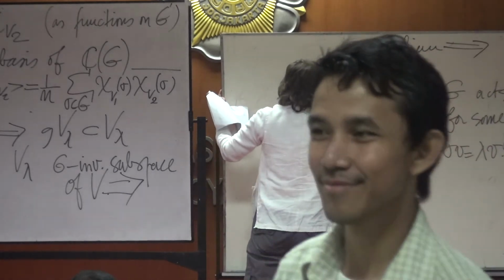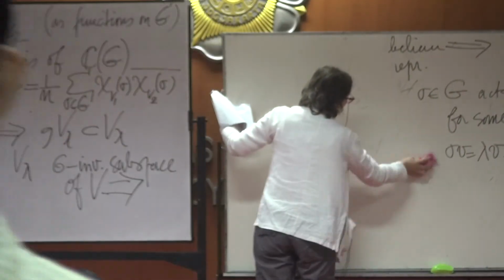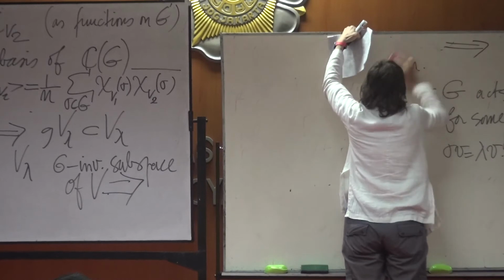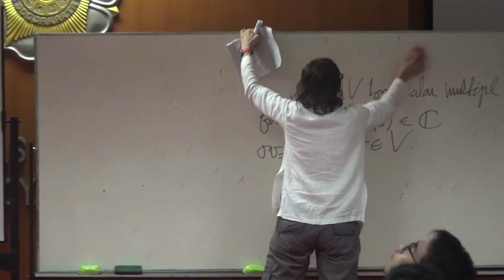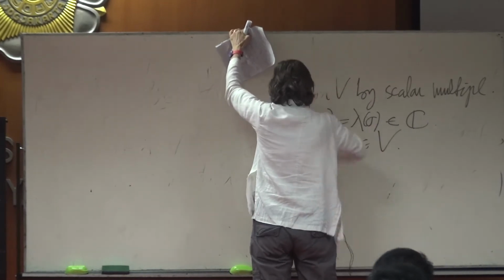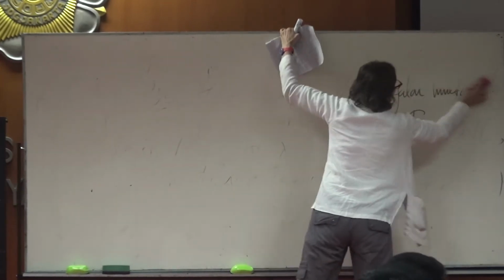So now the first example we do is where G is the abelian cyclic group Z mod 3.